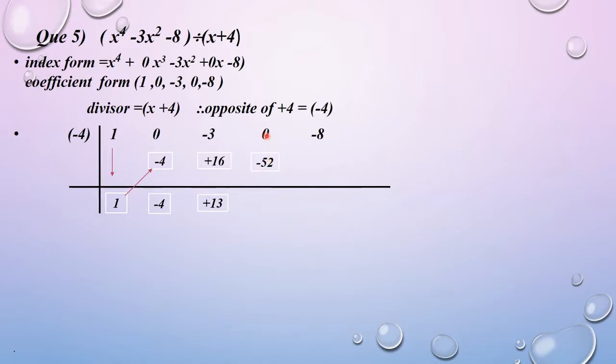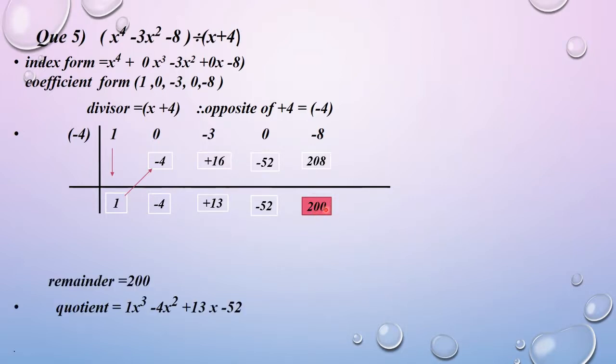Adding up 0 and minus 52, we get minus 52. Minus 4 multiplied by minus 52, we get 208. Adding minus 8 and plus 208, we get plus 200, which is the last term and the remainder of this question.